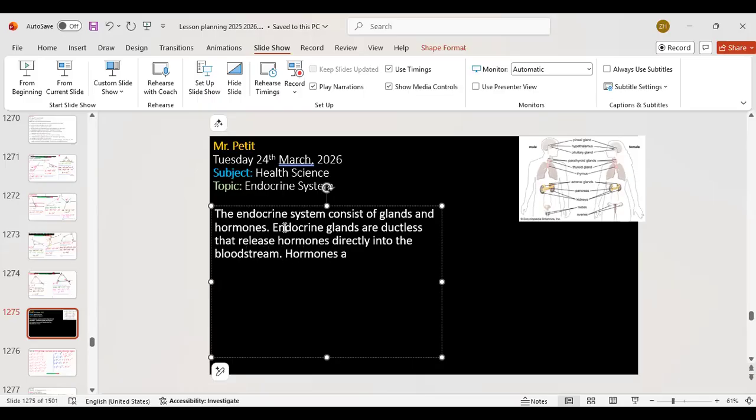Hormones are chemical messengers that are transported in the blood to what we call target organs.